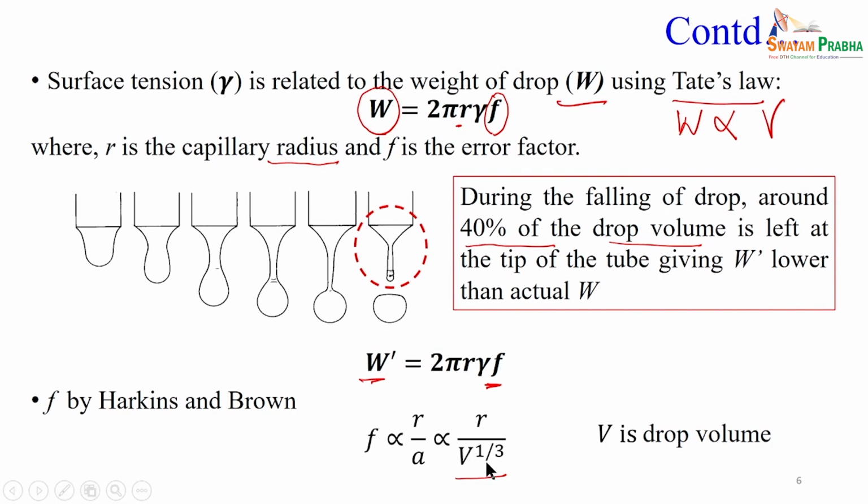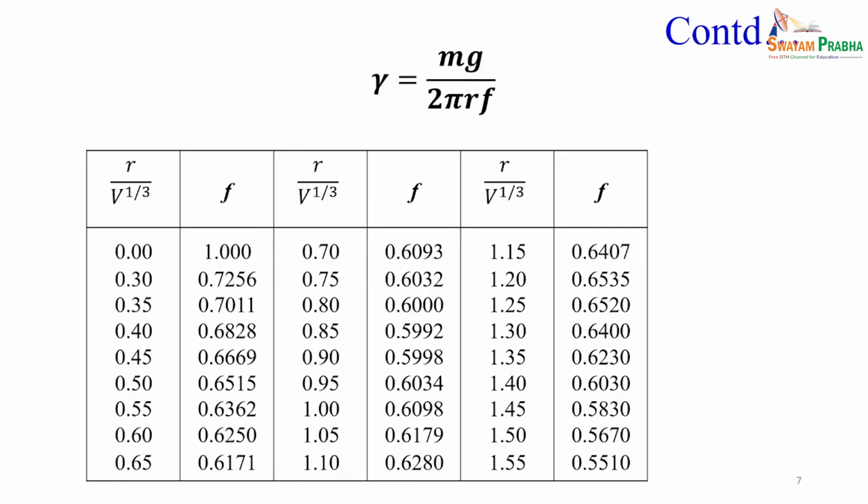So, we can say this correction factor or error factor is a function of the size of the capillary divided by the size of that drop. The weight of the drop we can calculate simply by W equals m into g, and for the F there is a table given.